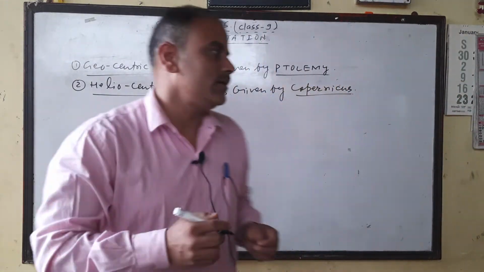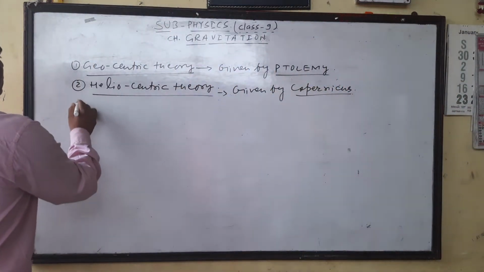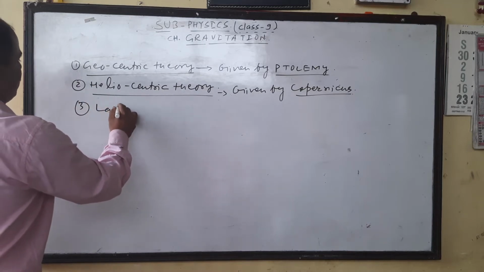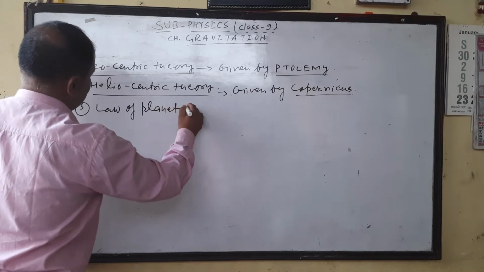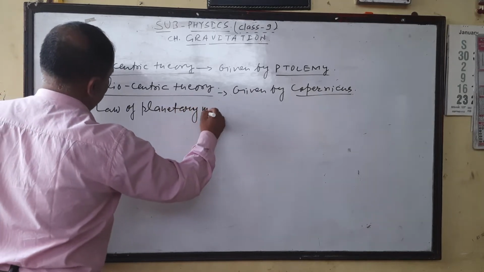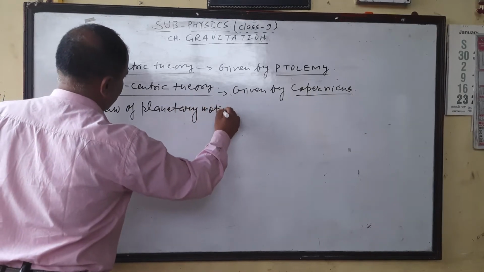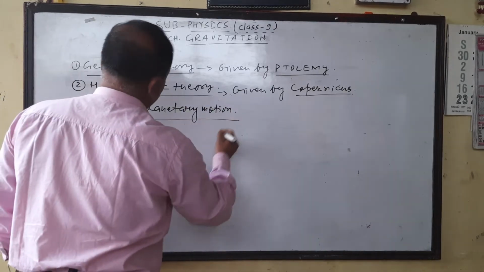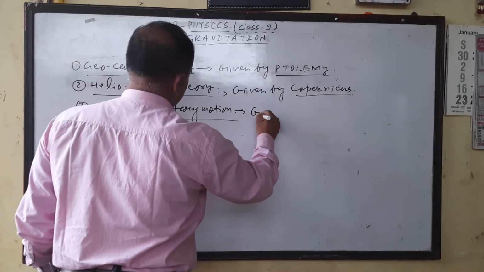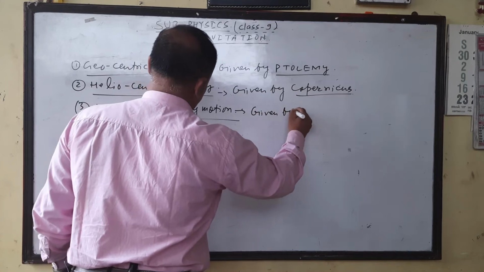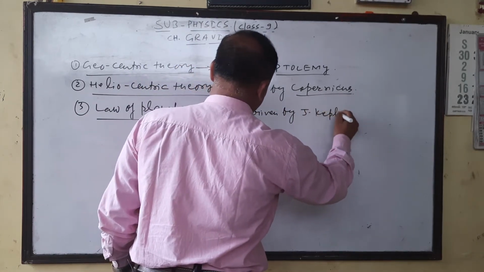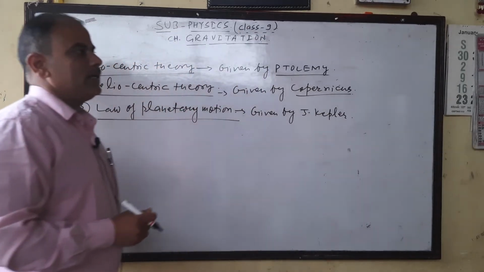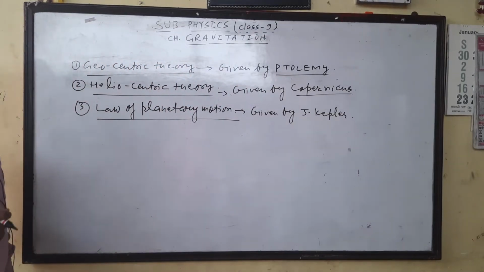And after that, the law of planetary motion, given by J. Kepler. According to this law, planets revolve around the sun.